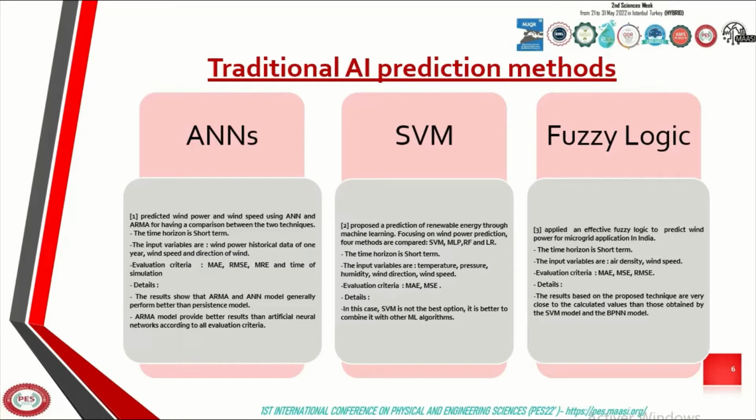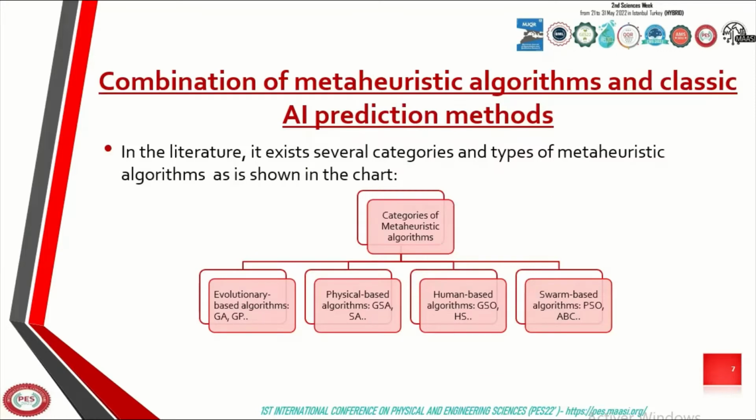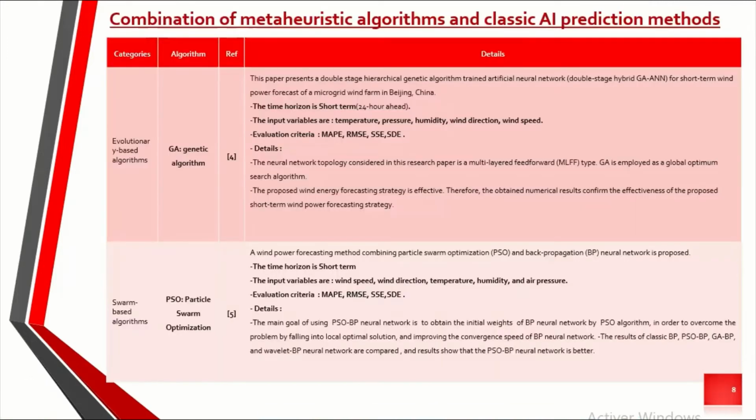For the combination of the meta-heuristic algorithms and classic artificial intelligence prediction methods, there are different types of meta-heuristic algorithms like evolutionary, physics-based, human-based, and swarm-based algorithms. There are some examples of algorithms. We have genetic algorithm from evolutionary algorithms.